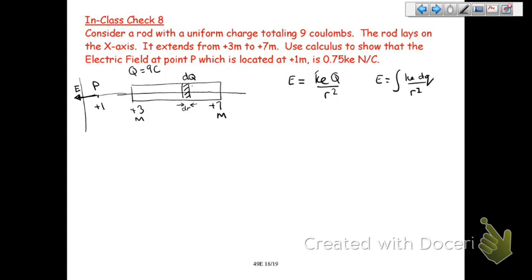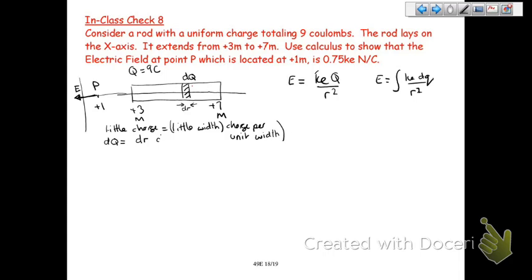So from a physics point of view, my little bit of charge is going to equal my little bit of width times the charge per unit width.